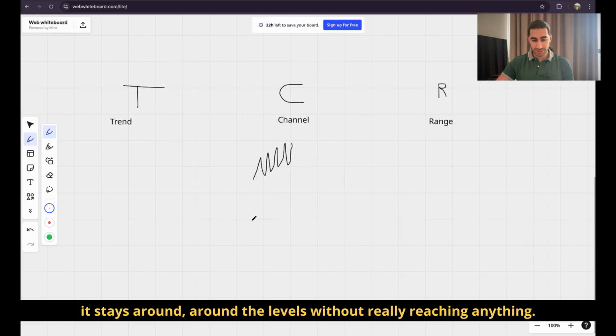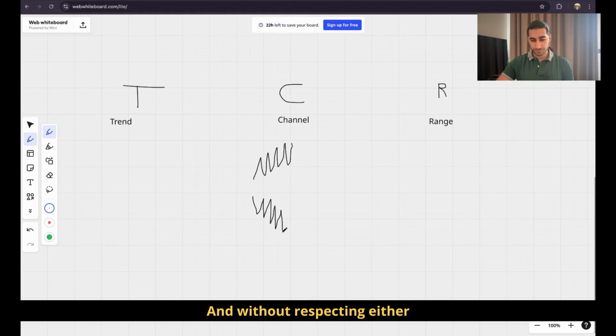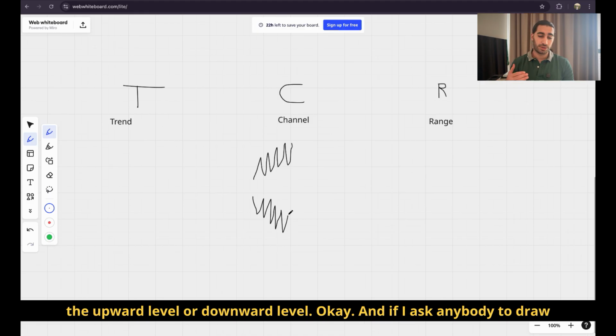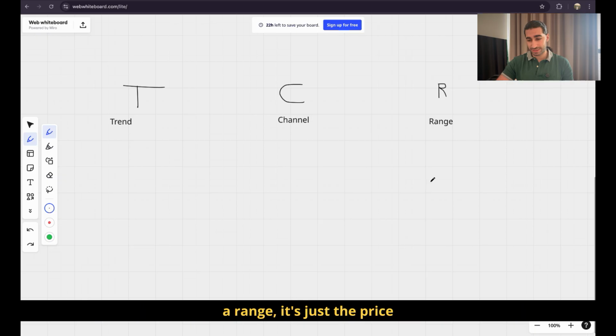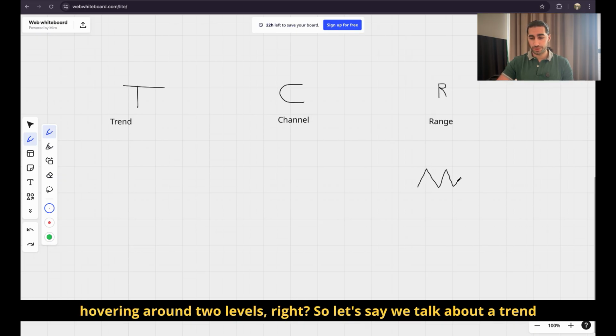Okay, so it stays around the levels without really breaching anything, and without respecting either the upward level or downward level. Okay, and if I ask anybody to draw a range, it's just the price hovering around two levels, right?